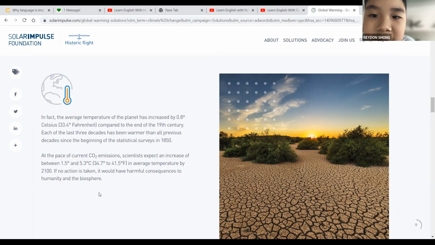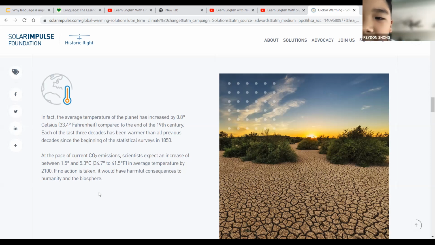Each of the last 3 decades has been warmer than all previous decades since the beginning of the statistical survey in 1850, because of current CO2, carbon dioxide, emission.